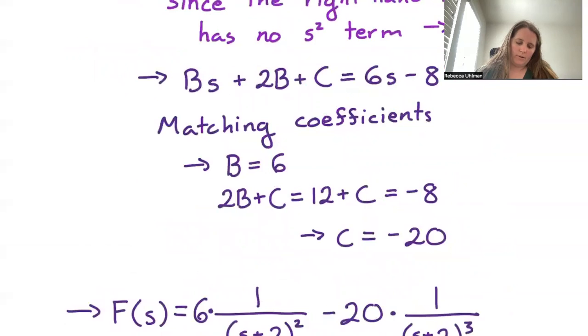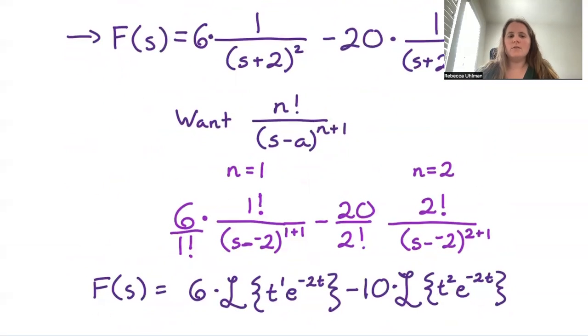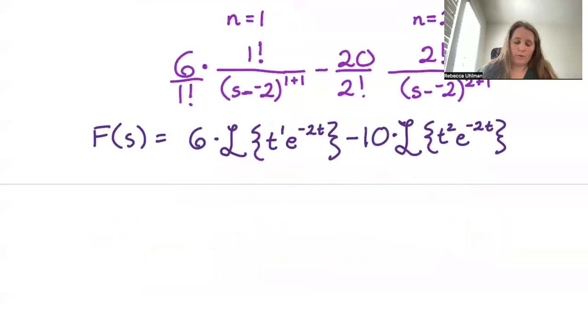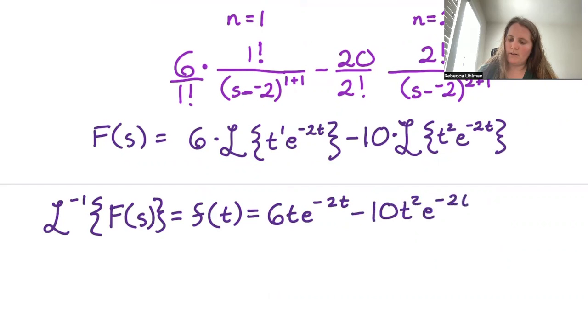At this point, we are essentially at the finish line. I need to give myself a little more room. Taking the inverse Laplace transform, we have the inverse Laplace transform of F of s is lowercase f of t, which is just 6t e to the negative 2t minus 10t squared e to the negative 2t.